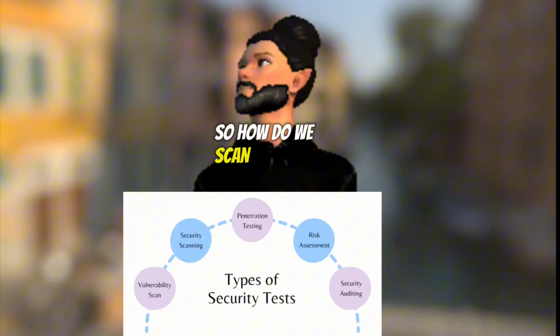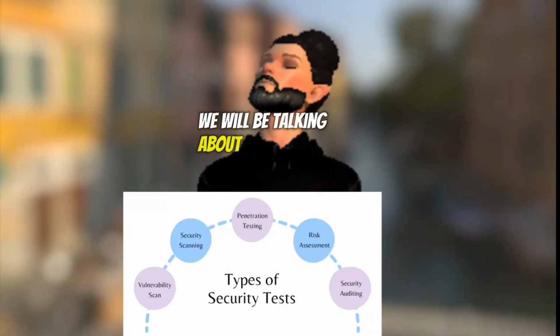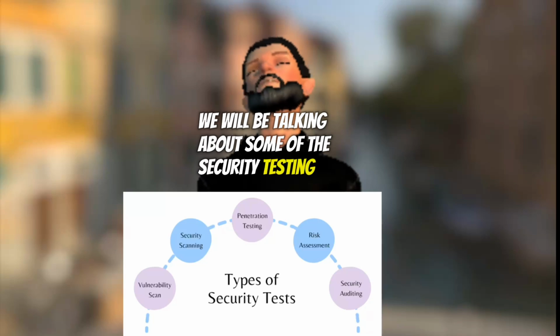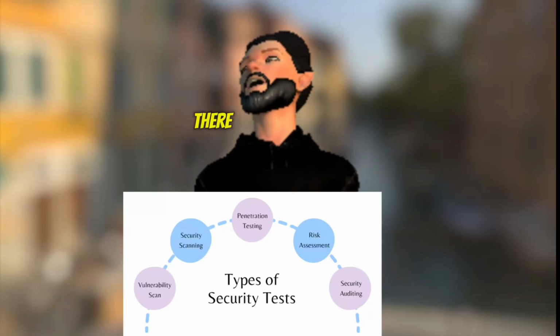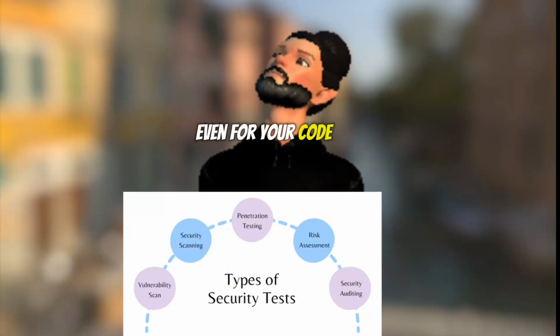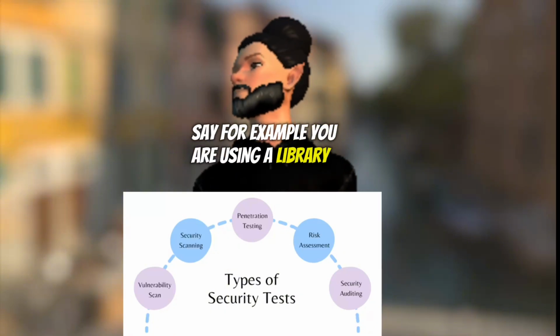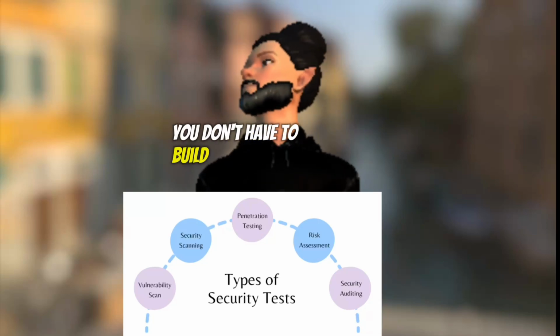So how do we scan? There are a lot of tools in the market. Maybe in future videos we will talk about some of the security testing tools and options. But there are a lot of tools which will automatically scan even your code. Say for example, you are building a website in JavaScript, Next.js or something, and you don't have to build everything yourself.